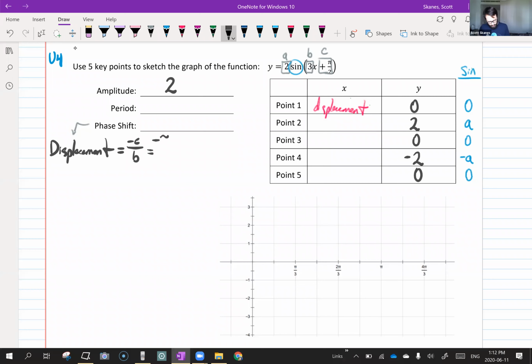Negative c would be negative pi over 2. b is 3. What's negative pi over 2 divided by 3? This is a tricky case. The rule that I said earlier doesn't work as well, so you want to be very careful. It's pi over 2 multiplied by 1 over 3. Pi over 6.